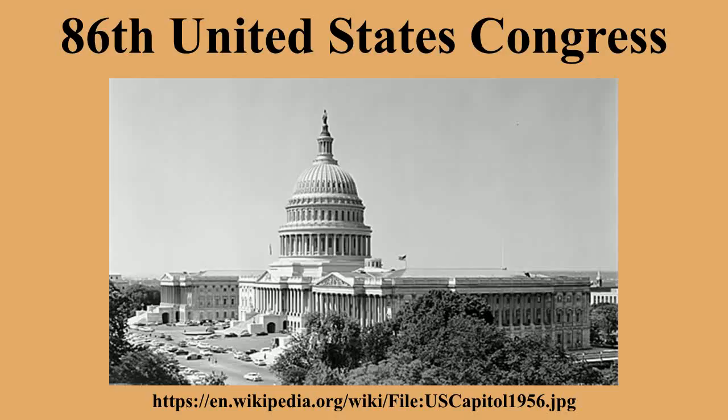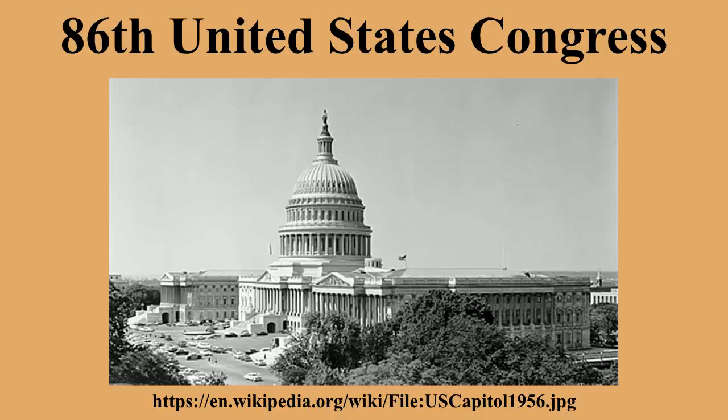States admitted. January 3, 1959 Alaska was admitted as the 49th state. August 21, 1959 Hawaii was admitted as the 50th state. Party summaries. Senate Democratic, 64, then 65. Republican, 34, then 35.